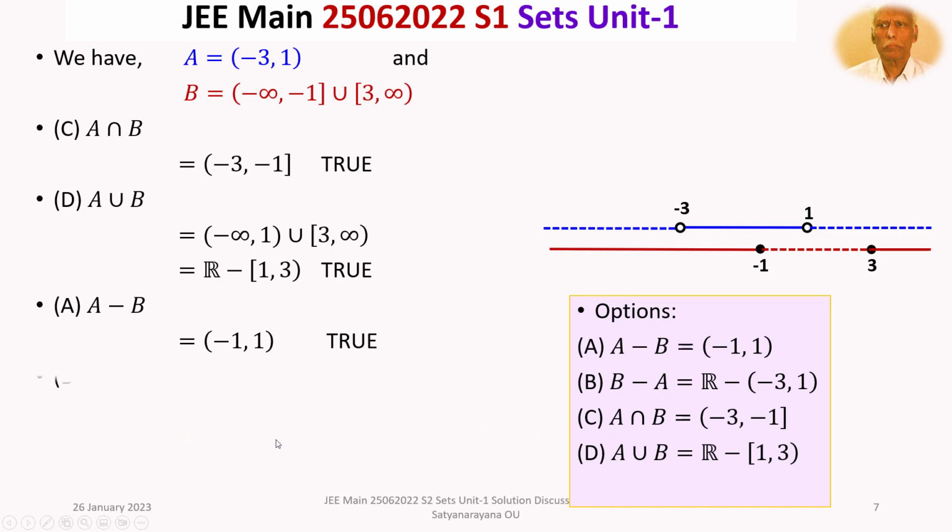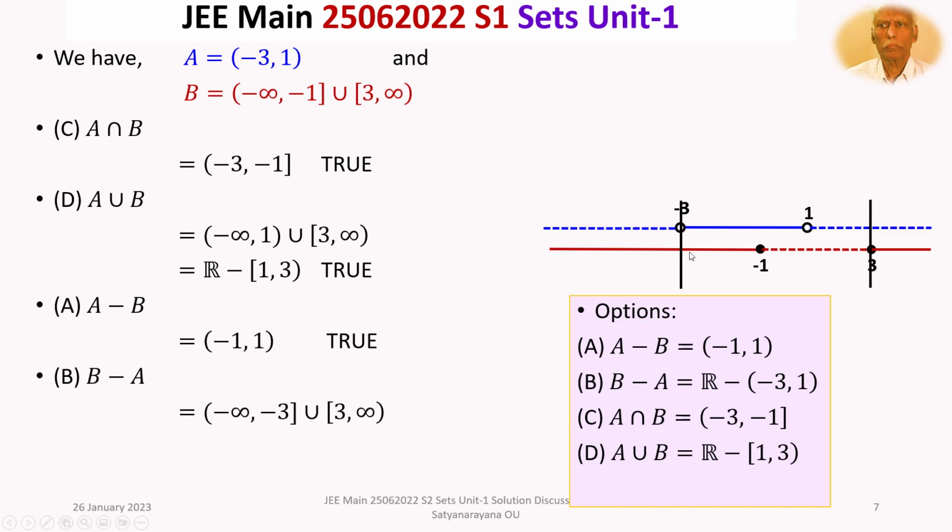Let's look at option D, that is B minus A. All those elements which are in B but not in A. That means this portion. These elements are in B but not in A. So B minus A will be minus infinity to minus 3 up to this, because here it is included.